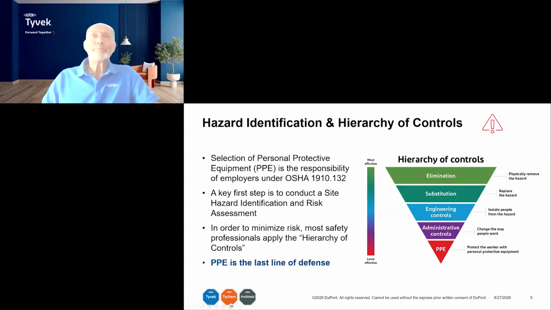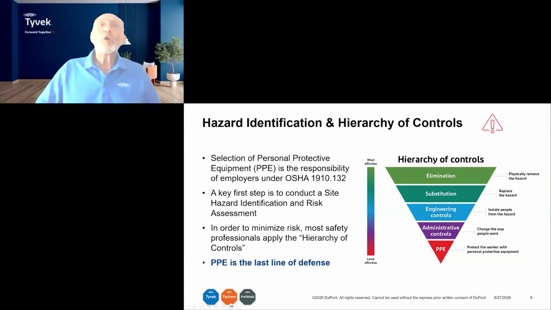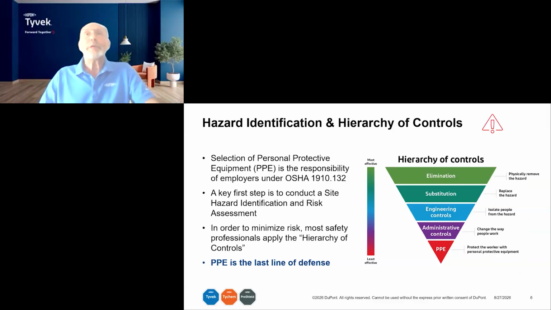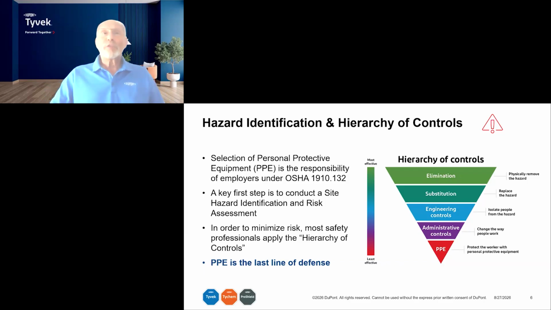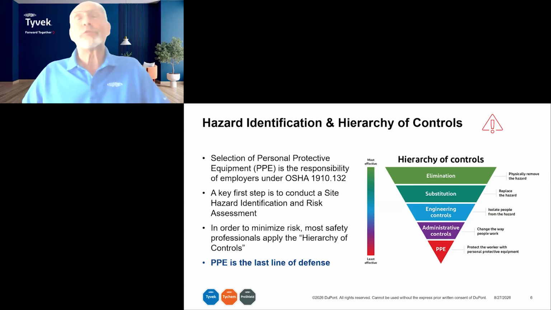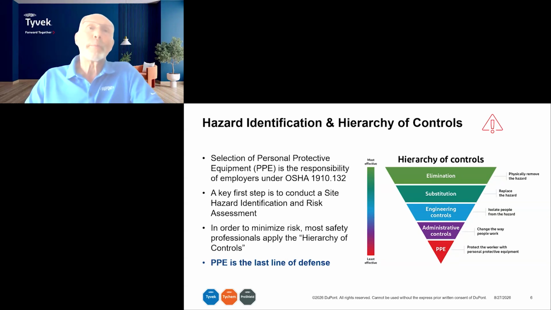Next slide, please. But before we get into the selection of PPE, we have to talk about the hierarchy of controls, because we're all aware that PPE really is our last line of defense. So once we've completed the hazard identification and risk assessment steps, you need to apply the hierarchy of controls to develop your exposure control strategy in order to minimize risks associated with the work.